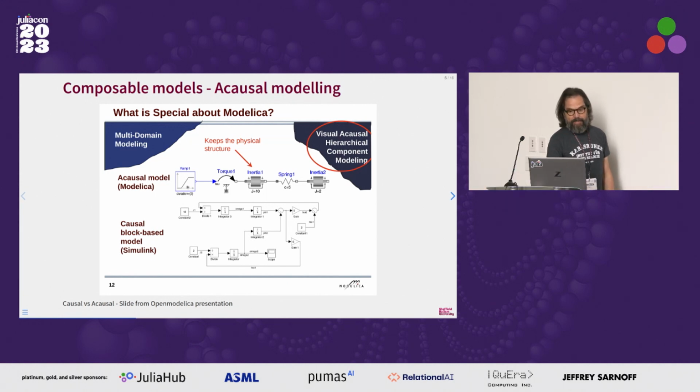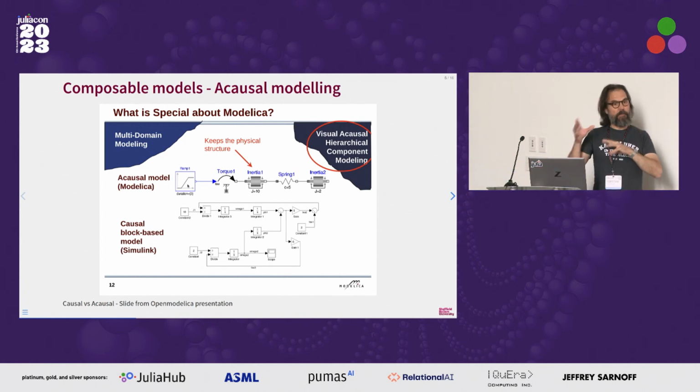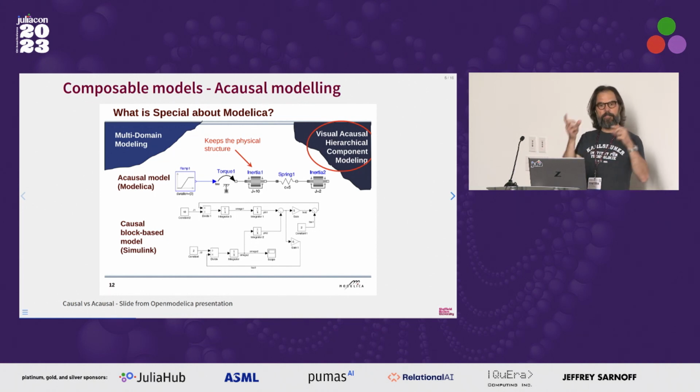So in an acausal model, we start building these blocks, and that's what this workshop is going to be about. We have the library that we built, but if you want a new block, it's relatively easy, for certain definitions of easy, to get a new model sorted.